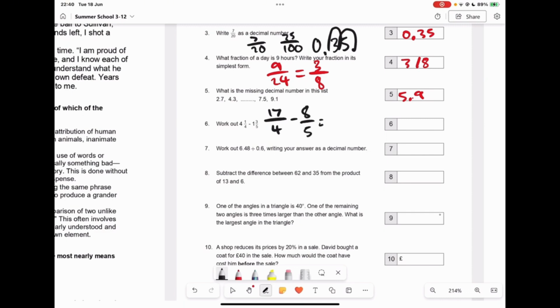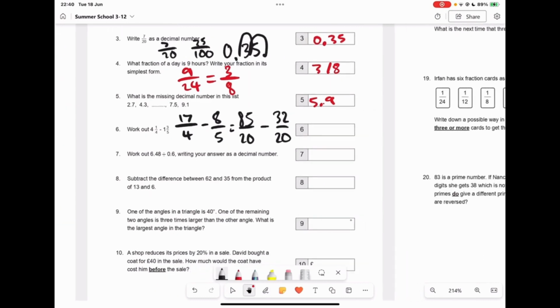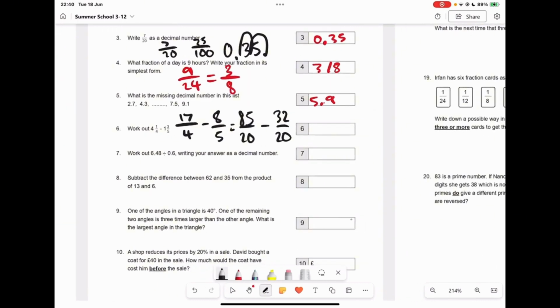And then these are both going to be put over 20. So 4 times 5 is 20. So 17 times 5 is equal to 85. 5 times 4 is 20. So 8 times 4 is 32. And then this gives the answer of 85 minus 32 is equal to 53.